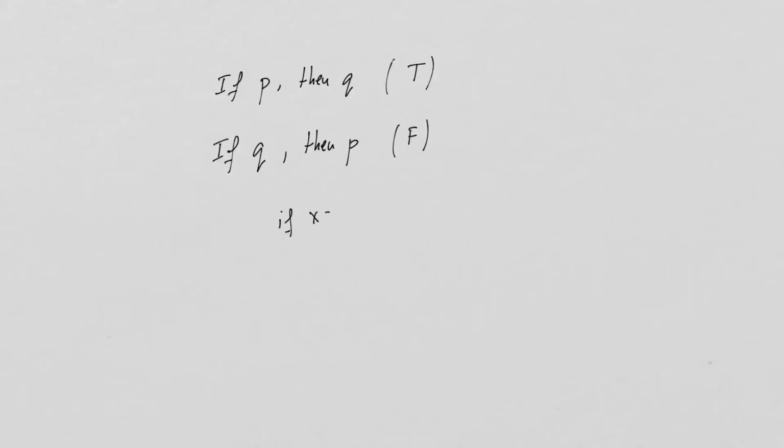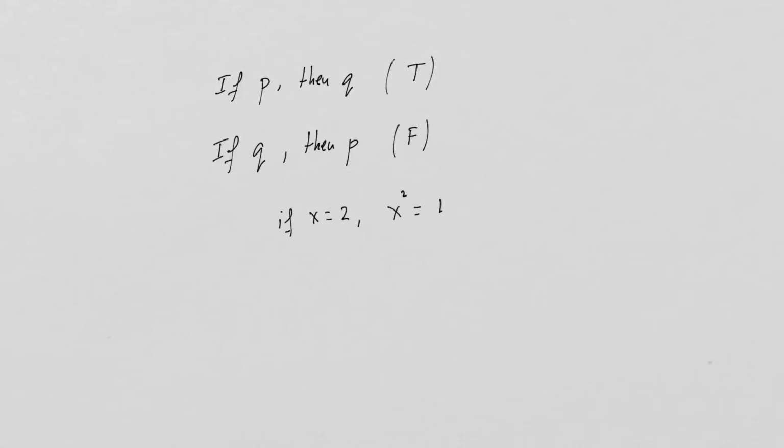From logic, if P, then Q, let's say this statement is true. Does it imply that the converse is true? The answer is no. No means not necessarily. For example, if x equals 2, what is x squared?